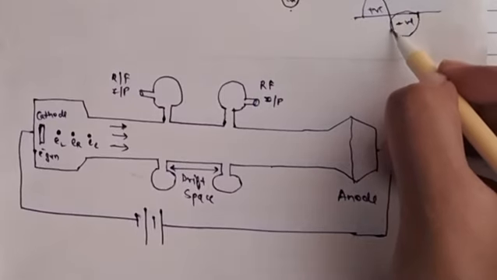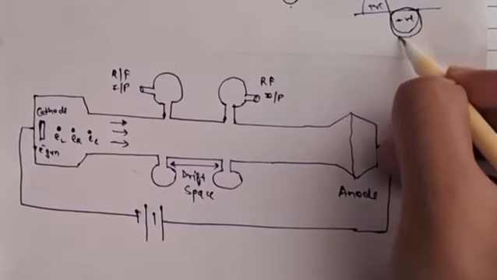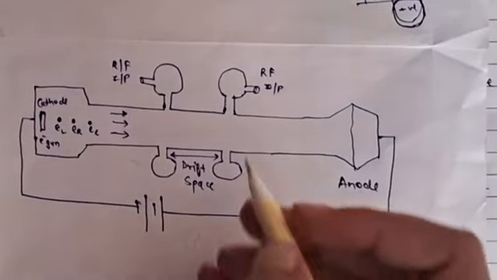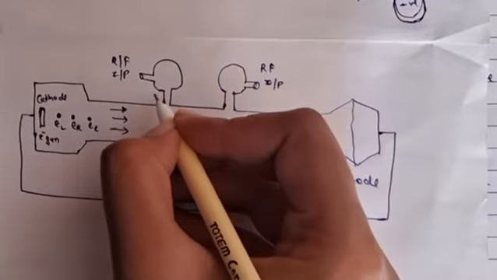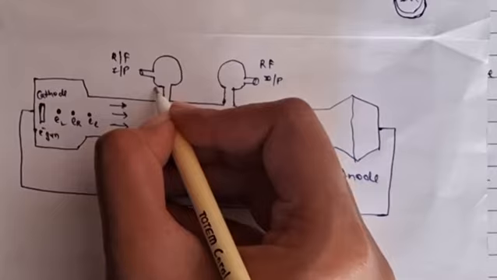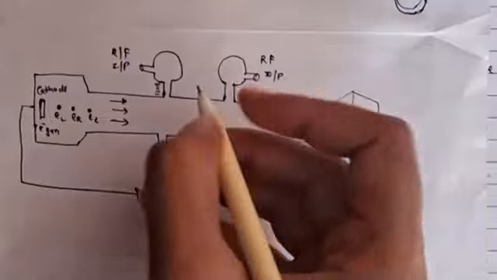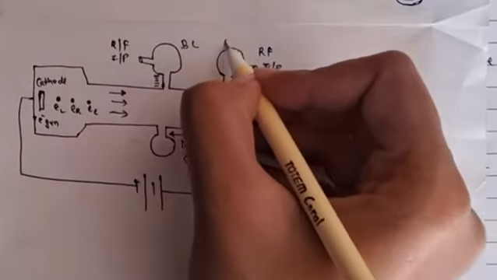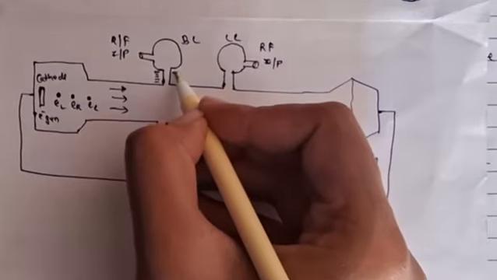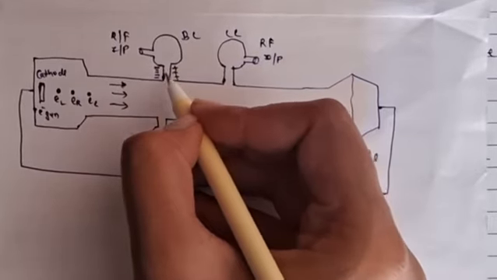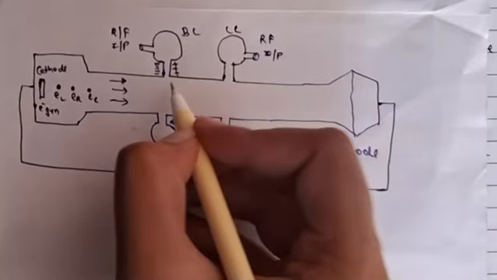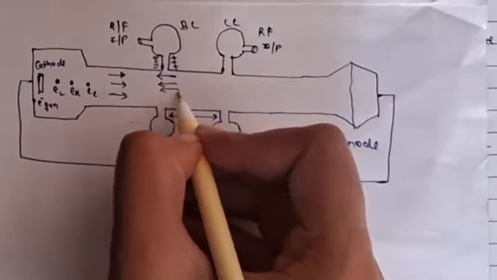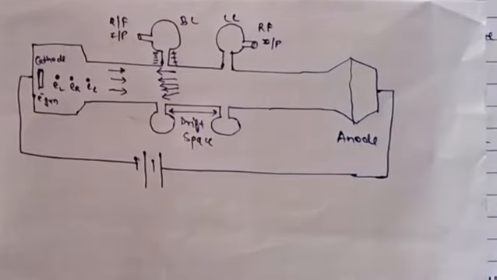If we are applying the RF input at negative cycle, then the negative charge will be accumulated on this side of the buncher cavity. This is buncher cavity and this one is catcher cavity. The positive charges will be accumulated on the other side of buncher cavity, and hence the direction of electric field is in the opposite direction of moving electron.